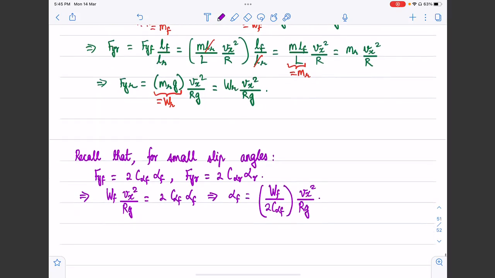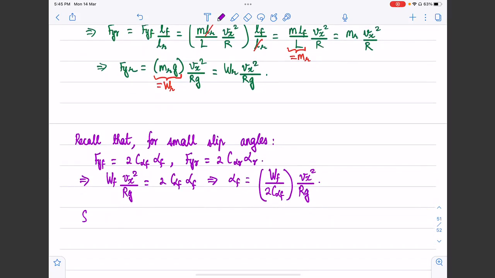So we have got an expression for alpha f. Similarly, we can get an expression for alpha r, right? What do you think will be alpha r? If we substitute for Fyr, we substitute Fyr equals Wr Vx squared by Rg, right? So we already have this expression, and we will immediately get alpha r to be Wr divided by 2C alpha r times Vx squared divided by Rg.